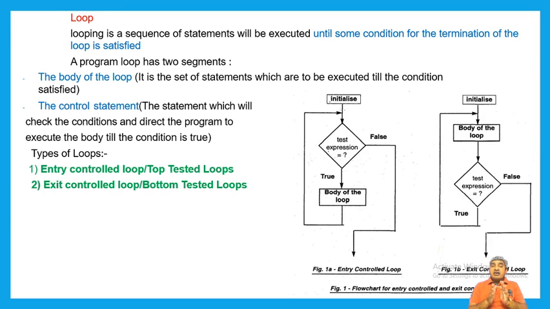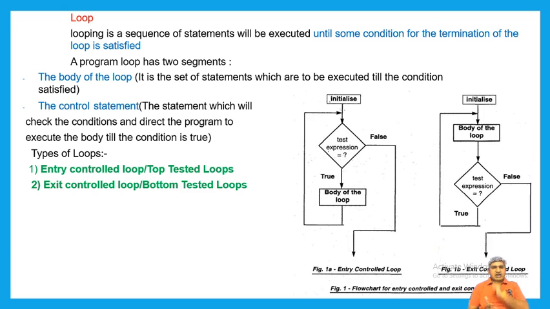When the condition is false, then the execution of the program goes outside the loop. There are two types of loop. First is an entry control loop, or top tested loop, and second is an exit control loop, or bottom tested loop.